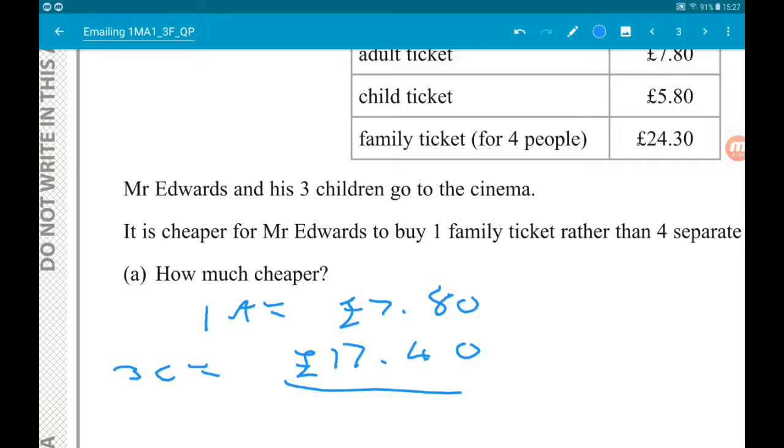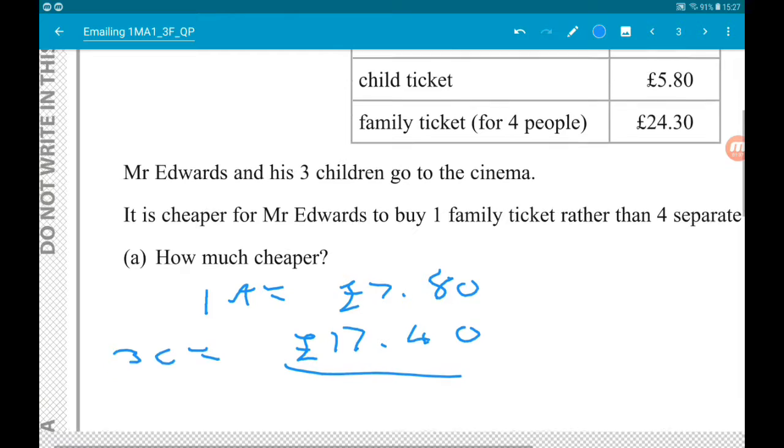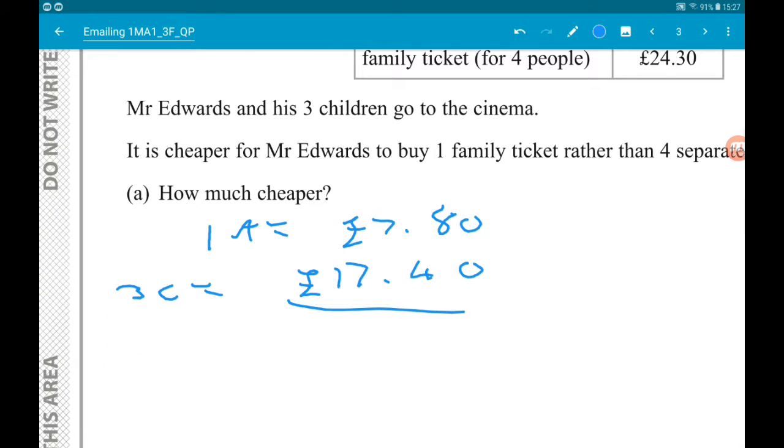Now, altogether then, if we add them together, that is going to give us £25.20.